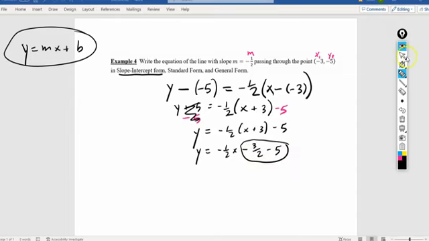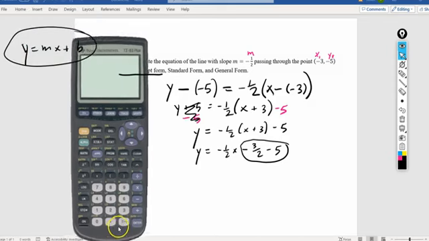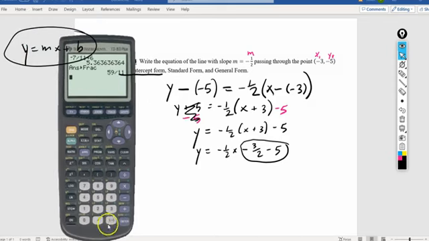That's how we did it in the olden days, but you can do it on your calculator. So let me come over here. -3/2 minus 5, then press enter, then press math, then press enter, enter. -13/2. You want to write it as a fraction, not as a decimal, because you won't see it as a decimal on any of the multiple choice selections in a final exam.